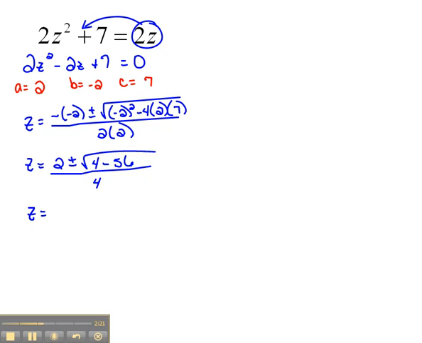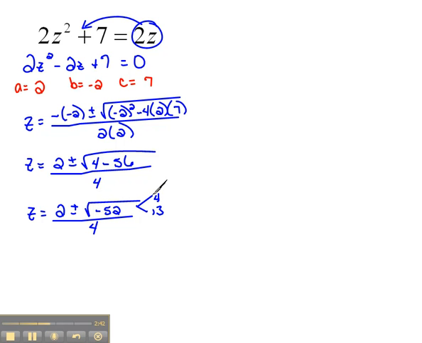Okay, so let's keep cleaning up. So we have 2 plus or minus the square root of 4 minus 56 would be a -52 all over 4. Now 52 we did in the previous video, so we actually already know that that is 4 times 13.